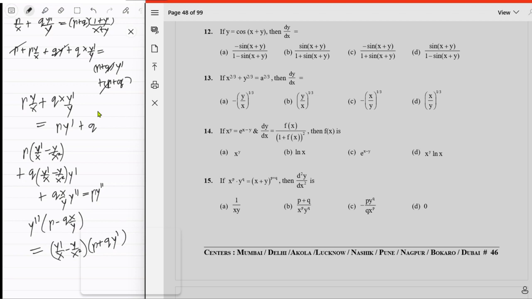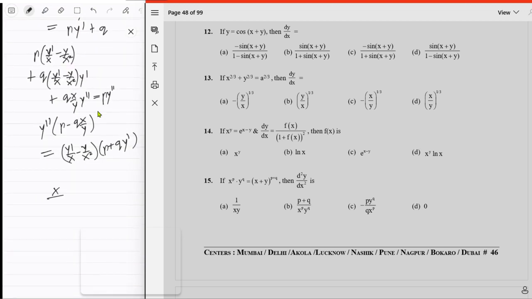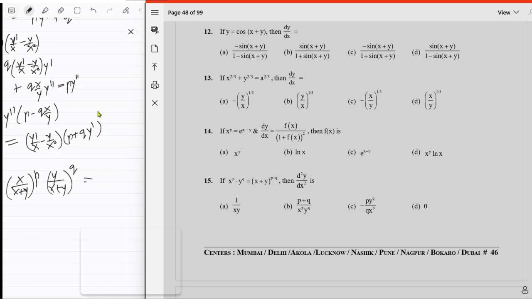This was y power p plus q. Well, I'm thinking of something like this. x upon x plus y to the power of p, and then y upon x plus y to the power of q, that is equal to 1.